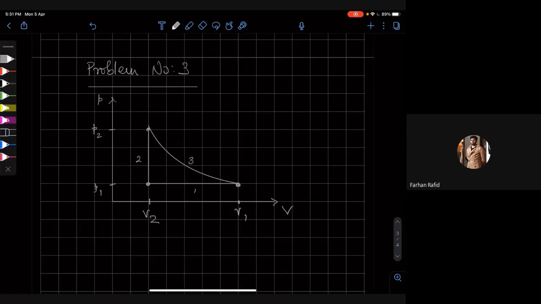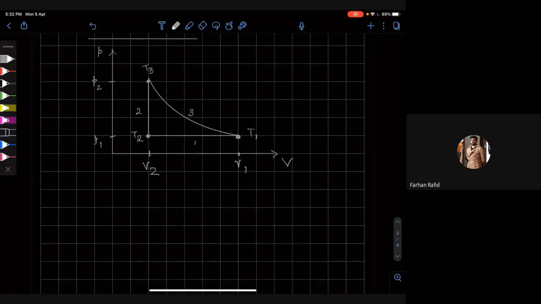And so the temperature here, say, was T1, and the temperature here was, say, T2, and the temperature here was T3. So this is a cycle, right? It's a cycle of an ideal gas. So suppose that you make a machine or an engine which, instead of doing a Carnot cycle, does this cycle.